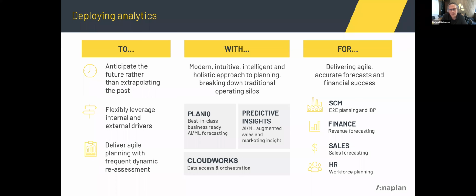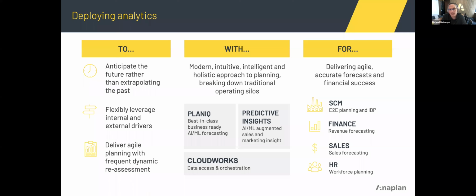We also have an application called CloudWorks, which is a capability within our platform to allow you to go outside of Anaplan and leverage the investments that many organizations are making in Amazon, in Google Cloud, and elsewhere, where you may have data science teams that are leveraging some of these very powerful tools, but are struggling to take their proofs of concept and their research projects and deploy them effectively into day-to-day planning.